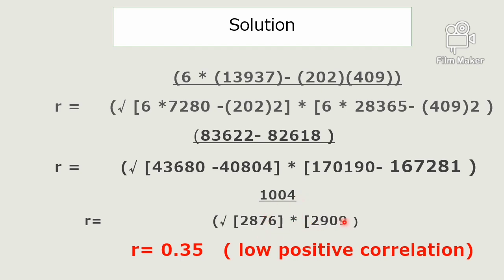Multiply before you take the square root. Take note, do not square root first. So 1,004 divided by that, the Pearson r is 0.35. So it is a low positive correlation. You will use the positive value.